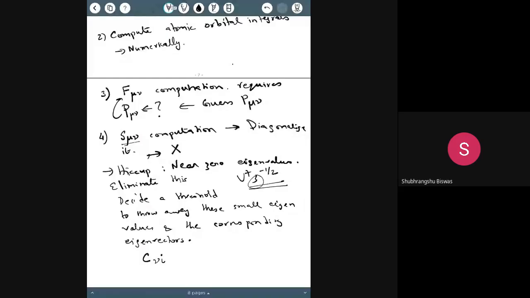And once you do that, your coefficient matrix C, which has the dimension of atomic orbital and MO orbital, this then is no longer a square matrix.